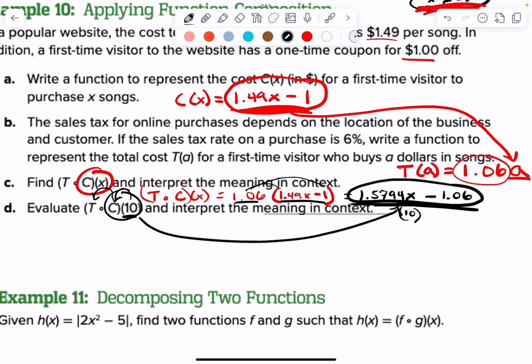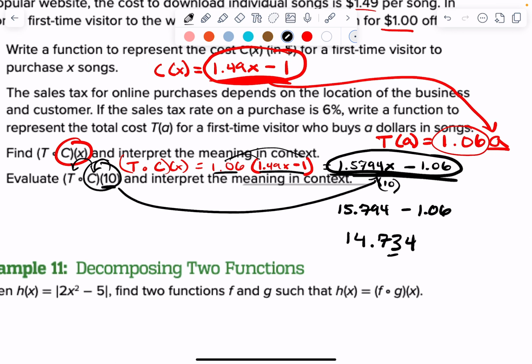If I plug in 10, this is going to be 15.794 minus 1.06. And I can do that in my head, I think. 14.734, which I round to the nearest hundredths place because pennies don't go more than that, will be $14.73 for doing 10 songs.